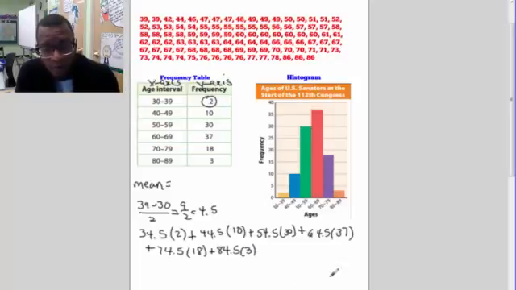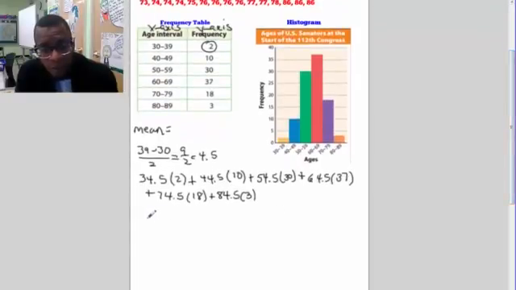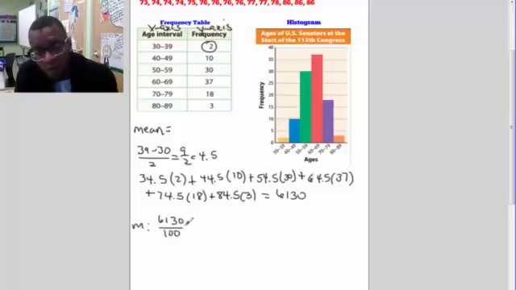And if we were to find the sum of these, we'd get a sum of 6,130. Now, to find the mean, we must divide this sum by the total number of values that we have. We know that in this data set, there are 100 US senators.